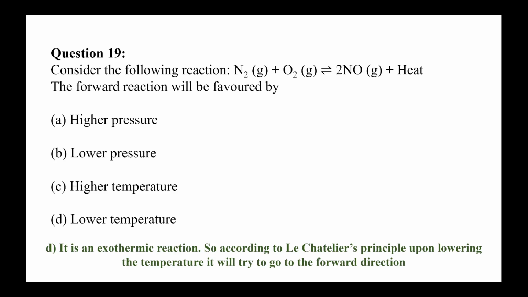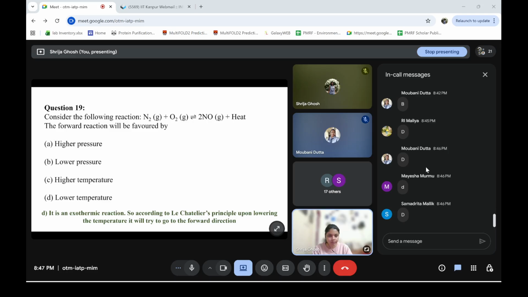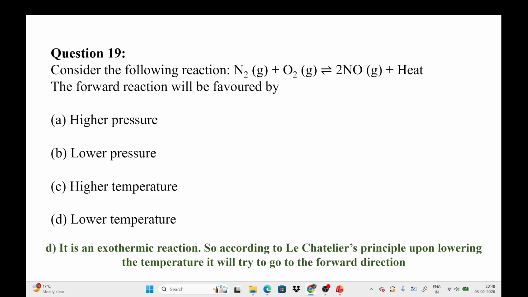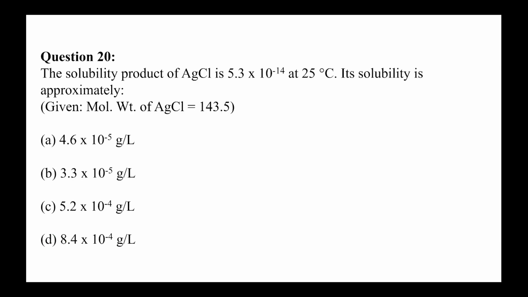We have already discussed this. The concentration and pressure do not affect the equilibrium constant. Equilibrium constant is only affected by the temperature. I hope this is clear to everyone. Please let me know if there is any doubt.